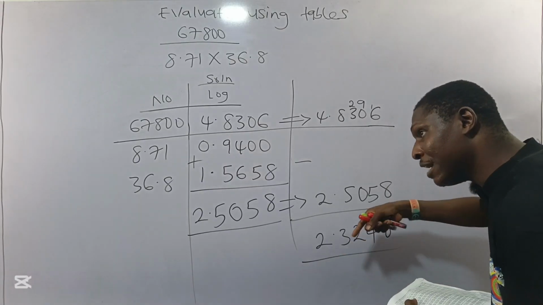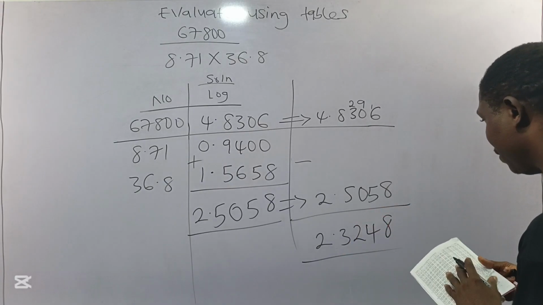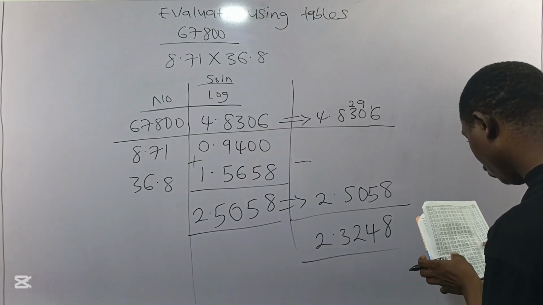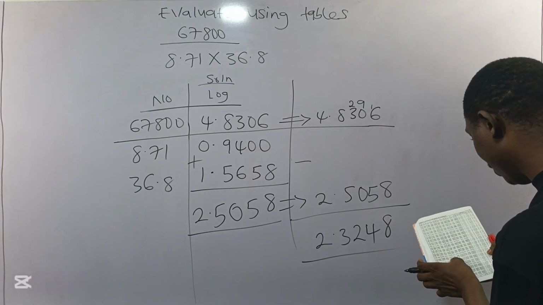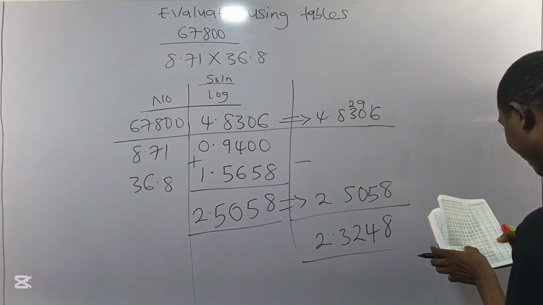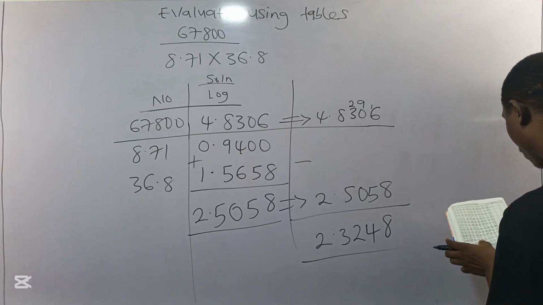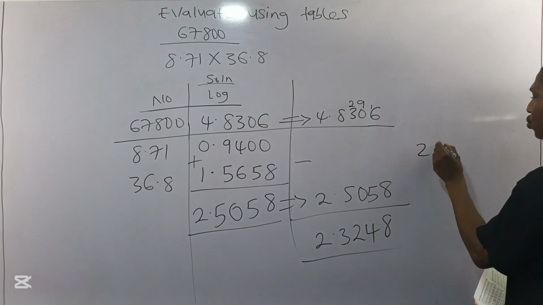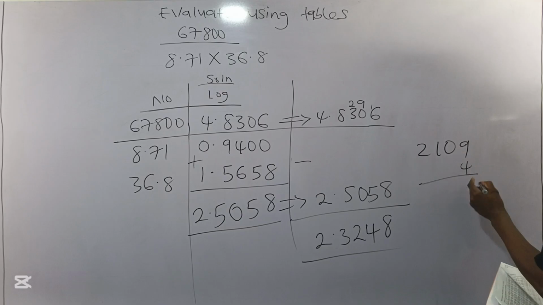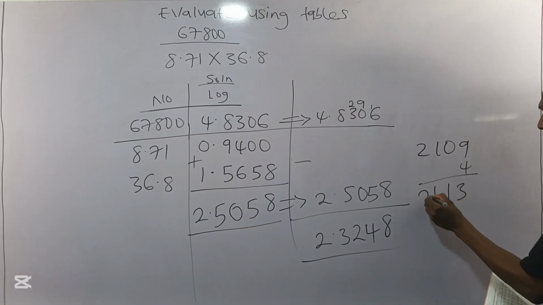So I'll use my 3248 for my what? Antilog, and I'll use 2 to determine where the point will be. So my antilog of 32 under 4 is 2109. And difference 8 is what? 4. Add up difference 10, 13, 3 carry 1, 1, 1, 2.